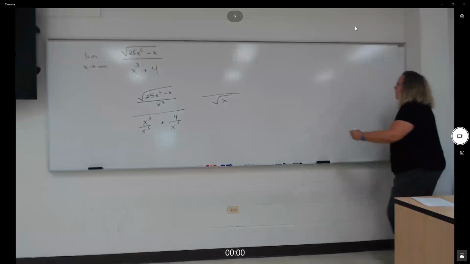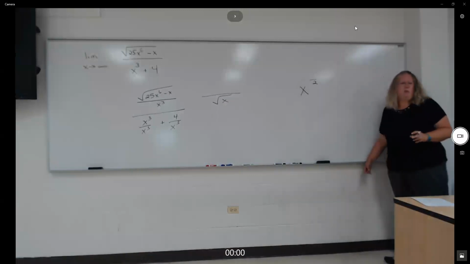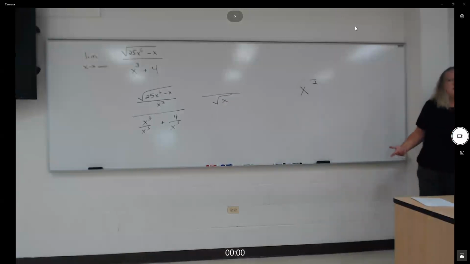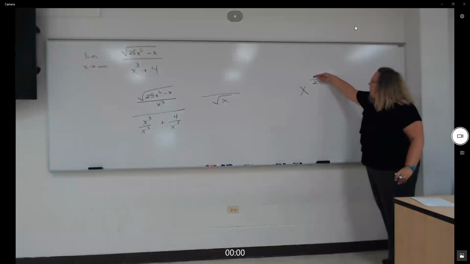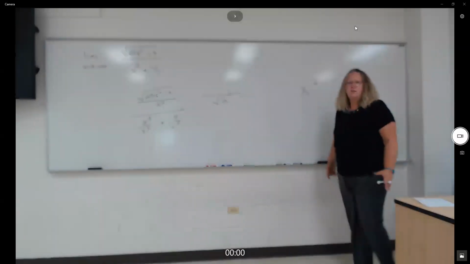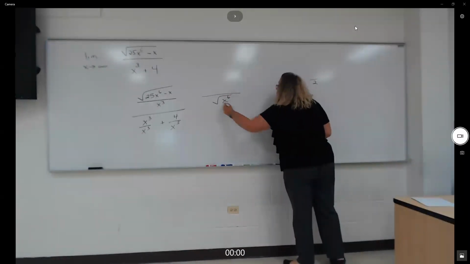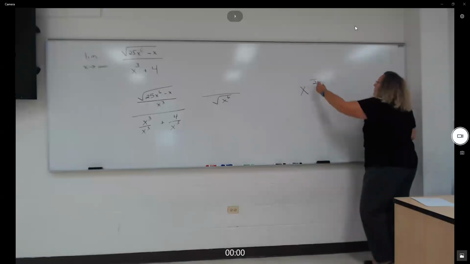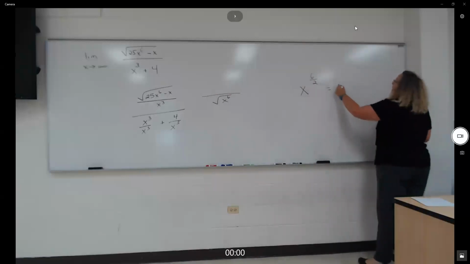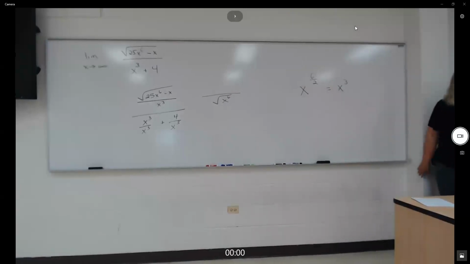Remember, the square root means you're dividing by 2 as an exponent. And what number can I put up here so that it still equals 3? 6. Yeah, so if I make this an x^6 and then take the square root, that's going to be the same thing as x^3. You have to double it to put it under a square root.